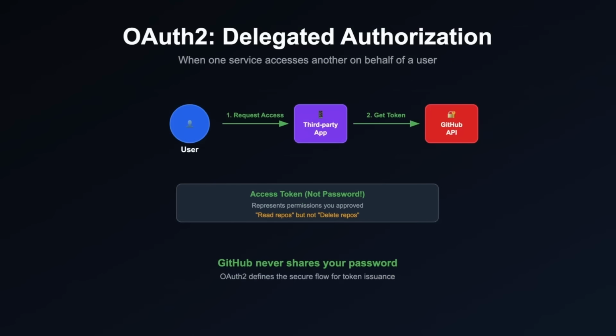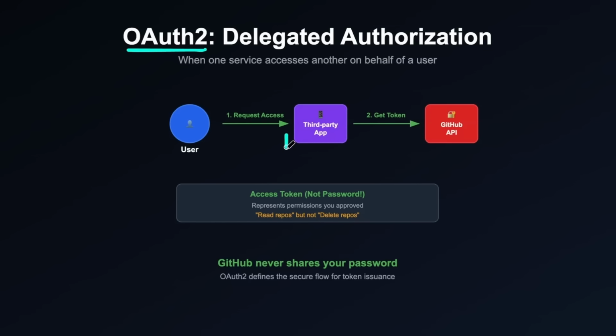So these were the access control models, but how do systems enforce those authorizations? These are where OAuth 2 and JWT or access tokens come into play. So first we have OAuth 2, which is delegated authorization, which is a protocol used when a service wants to access another service's resources on behalf of a user.